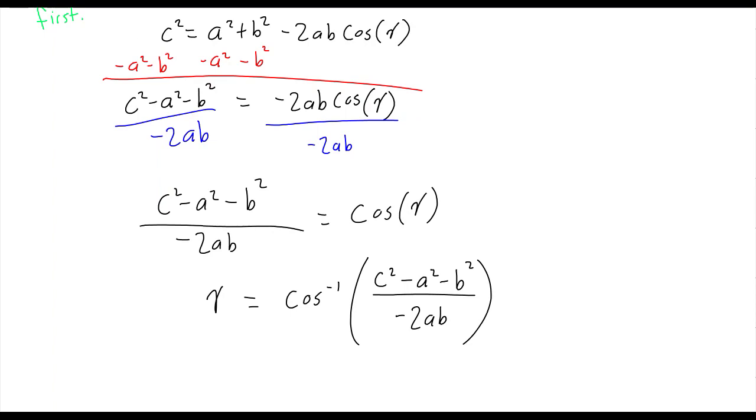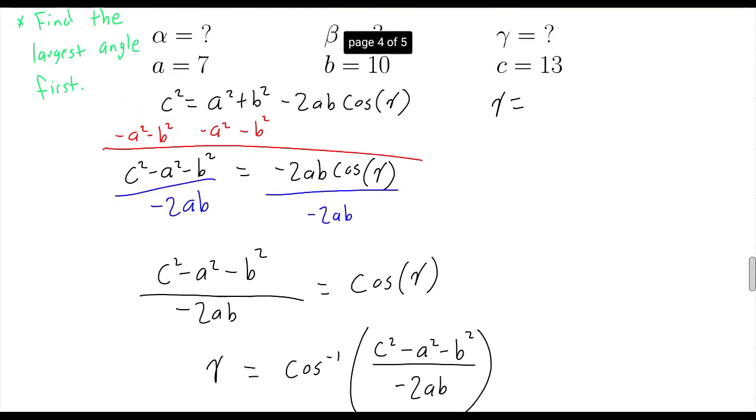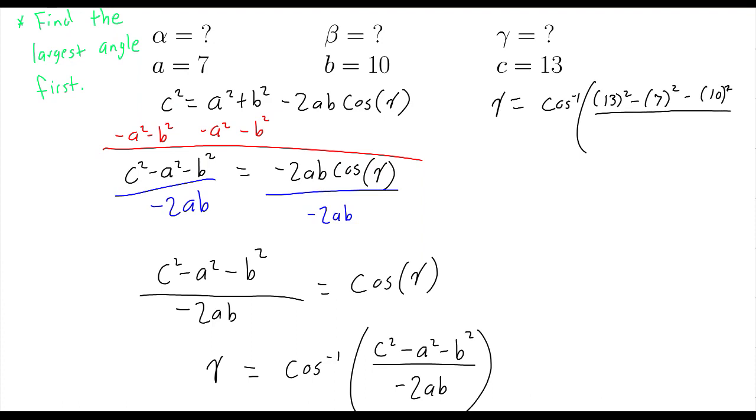So let's see, I'll just bring that back up here. Okay, so inverse cosine, C squared minus A squared minus B squared over negative 2AB.